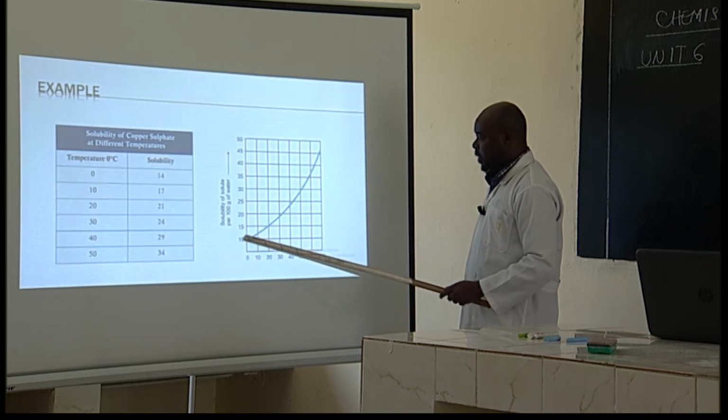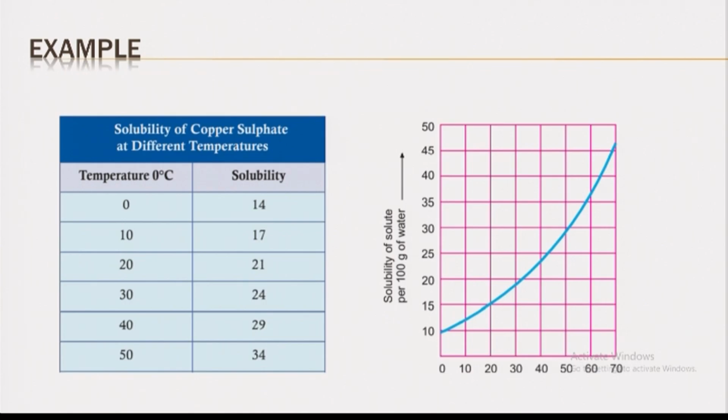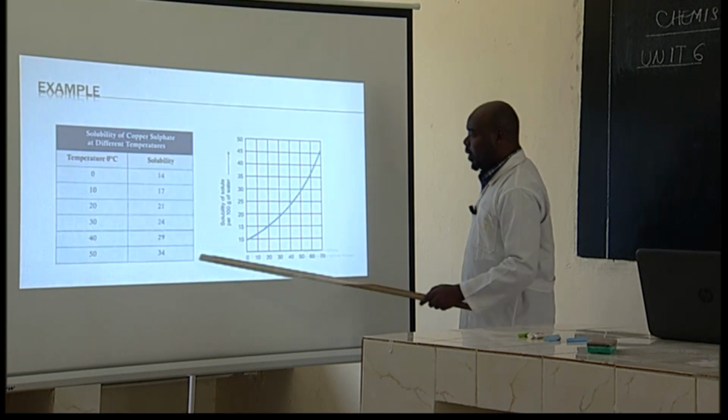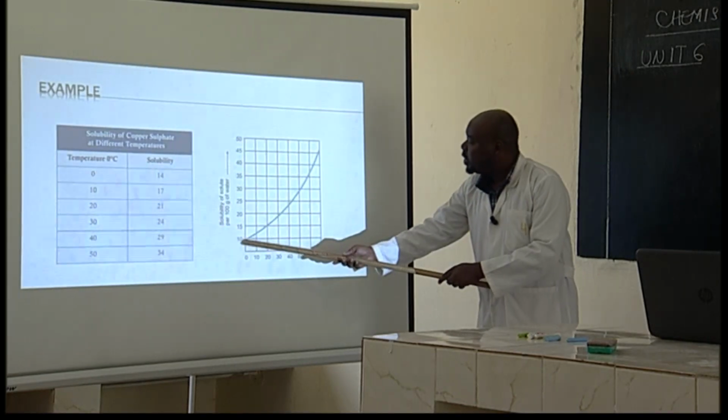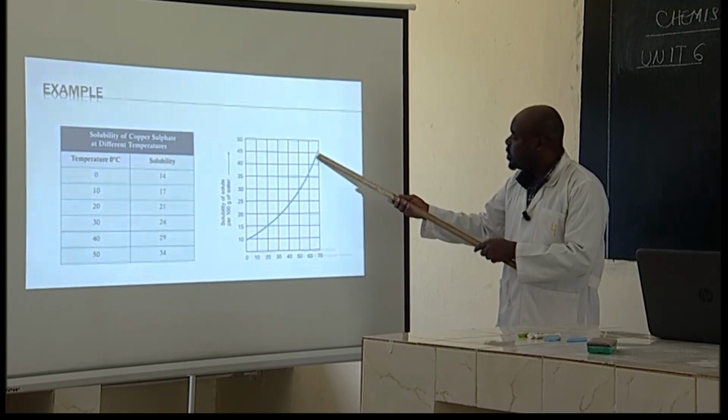Here there is a mistake, but it should be somewhere here. When we have a temperature of 0, the value will be somewhere here, 14. When we have 10, it will be something like 17. So the value will go on increasing, or the solubility curve will also increase.